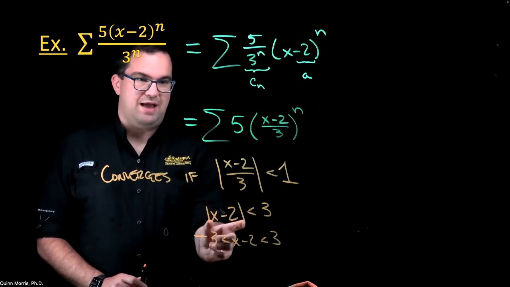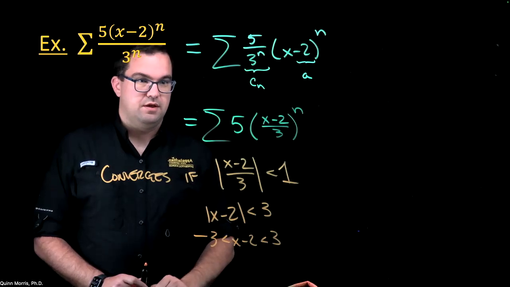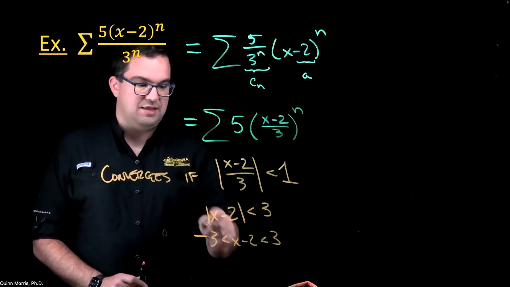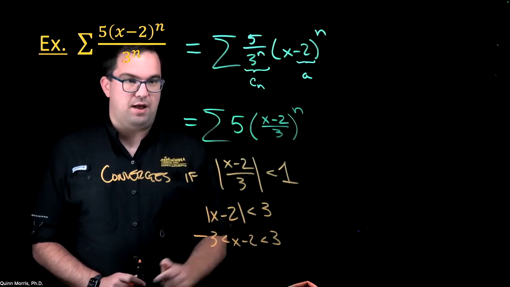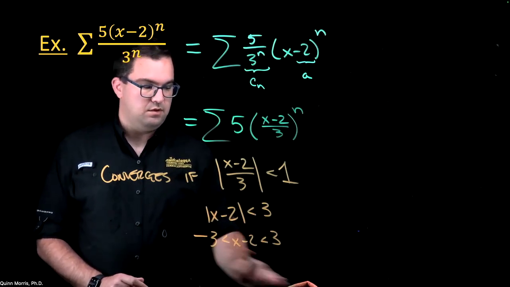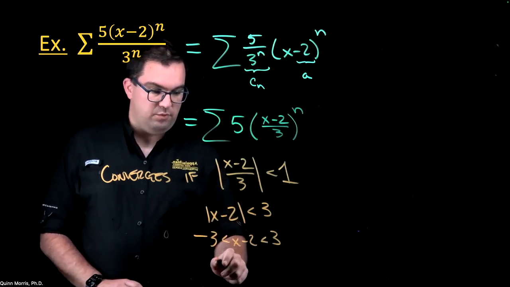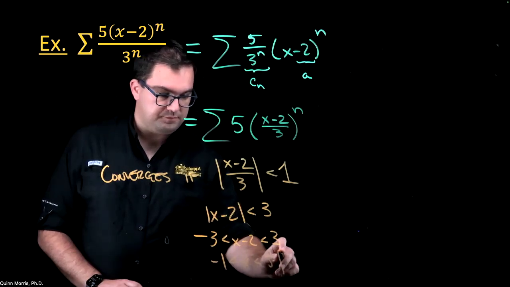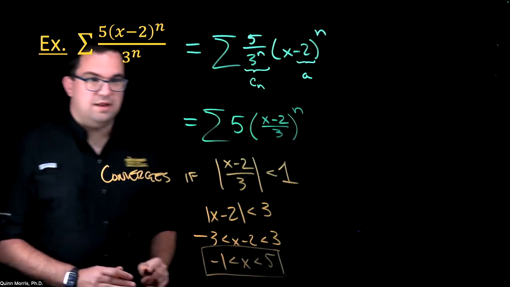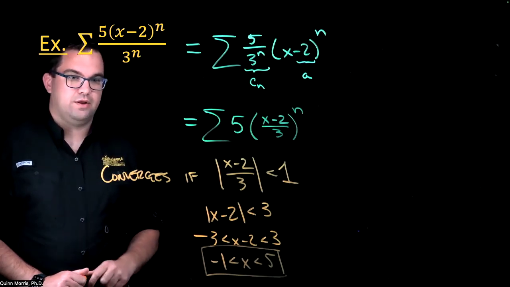Anytime the absolute value of something is less than some positive number, the quantity inside the absolute value has to be between negative that number and positive that number. Now that I've removed the absolute values, I can add 2 everywhere, and I determine that this series will converge when x is between -1 and 5.